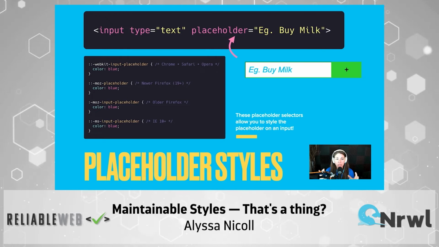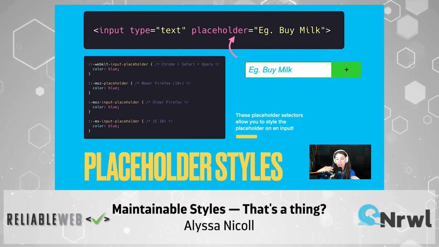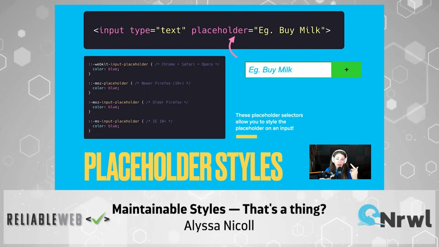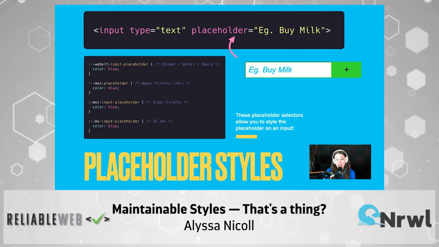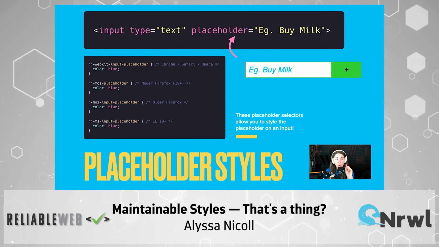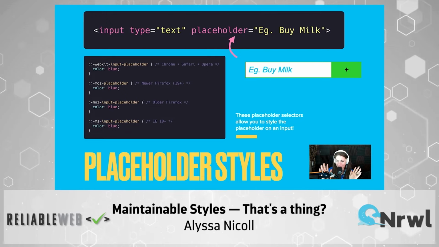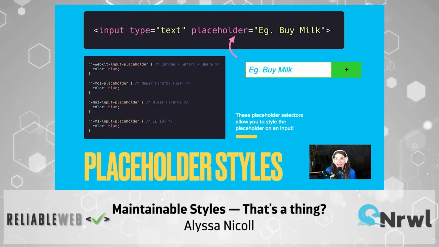So here we are selecting ::-webkit-input-placeholder, and that's going to do Chrome, Safari, and Opera. And then ::-moz-placeholder for newer Firefox, :-moz-input-placeholder for older Firefox. And notice that the older Firefox only has 1 colon, not 2 like the rest, which I know is fun, confusing. And then lastly, :-ms-input-placeholder for IE 10 and up.